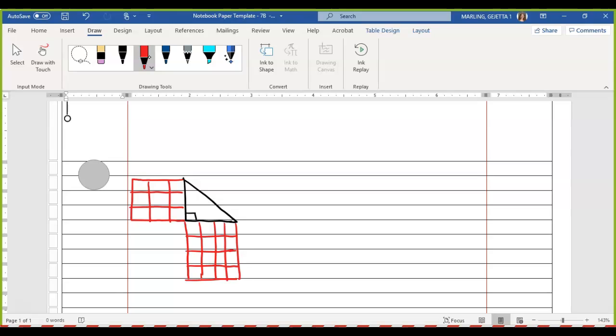And then the last, coming off of this diagonal, we're going to make a little bit bigger. We're going to make a 5 by 5 square. 1, 2, 3, 4, and 5. So now everybody has the same picture.